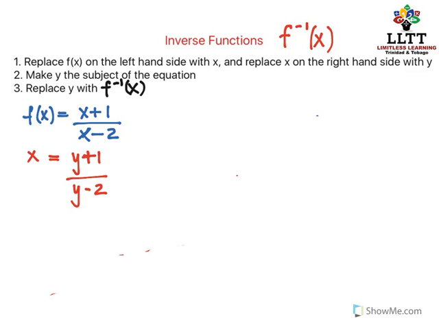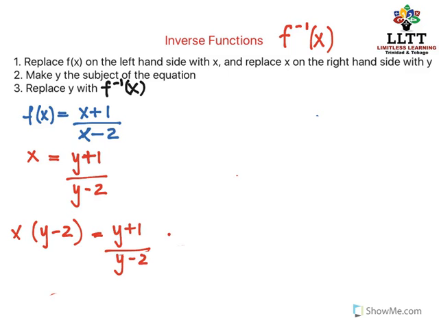Now I have a fraction on my right hand side, and just like we did in the previous example, we would get rid of our denominator, and in order to do that, we would multiply each side by the denominator. So on my left hand side, I will now have x times y minus 2.